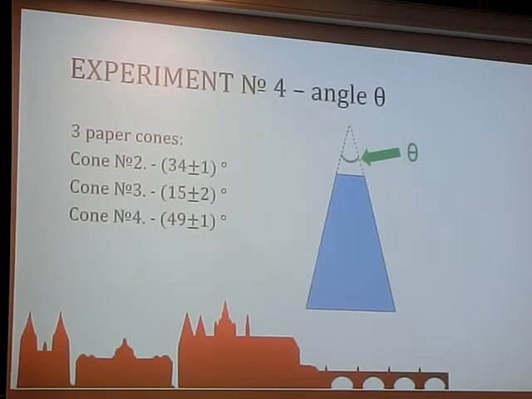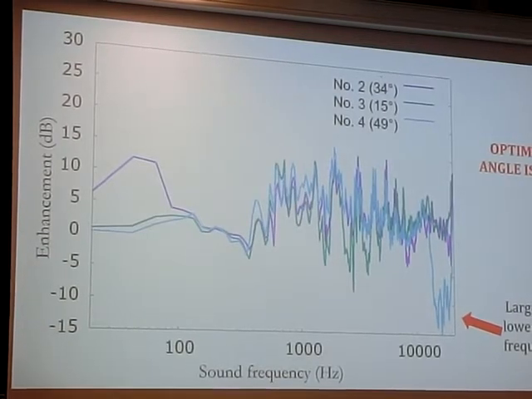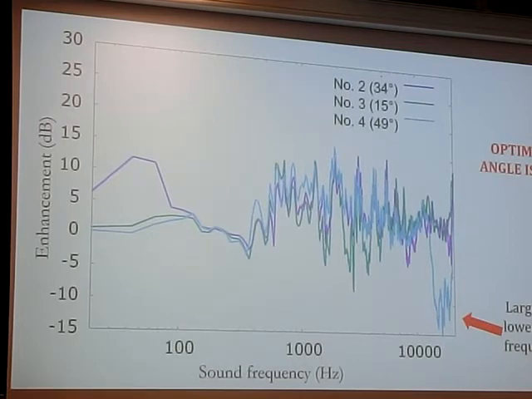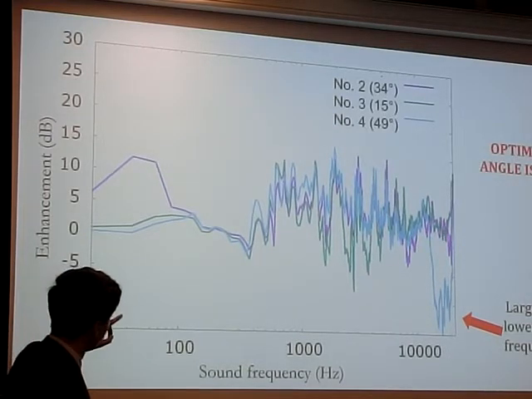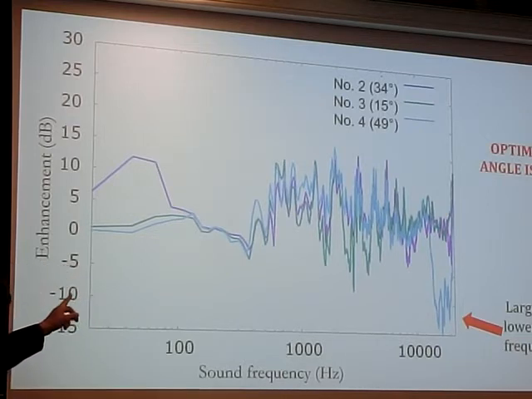Then we get experiment number 4, as we try to change the angle of the horn. We use 3 paper cones with different angles, and we think that it's a wide enough range. That is the data from this experiment, and we got an idea of what is happening.